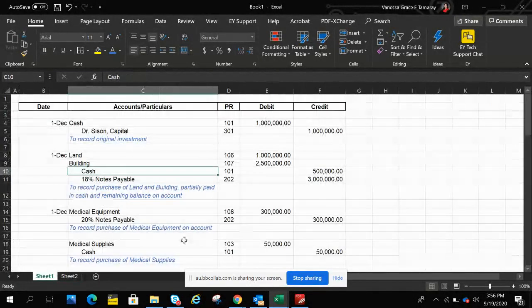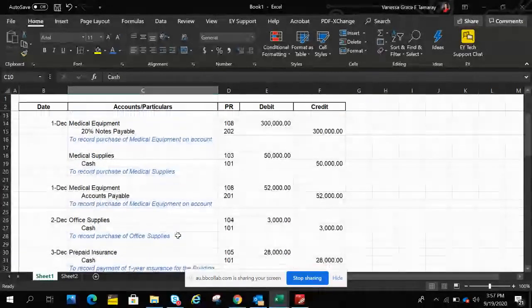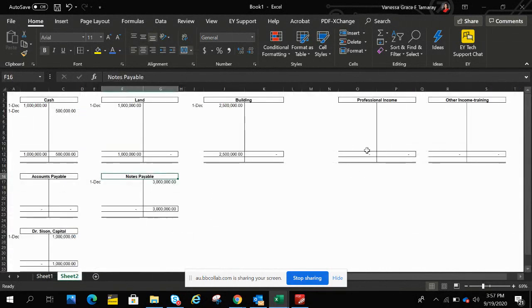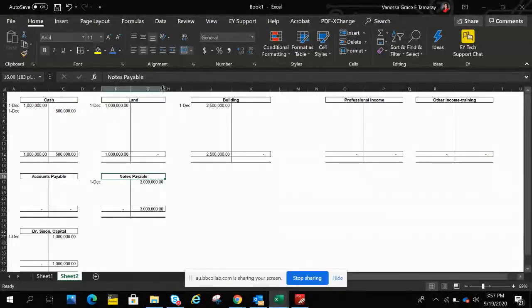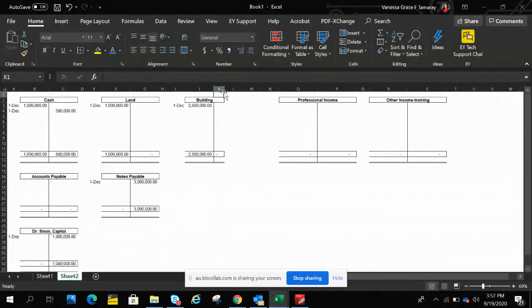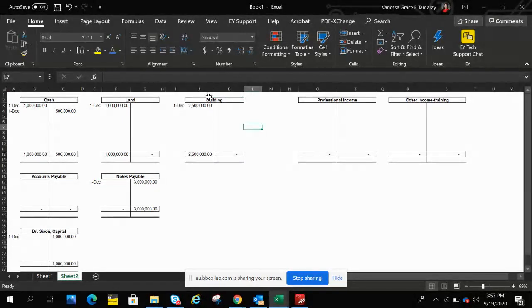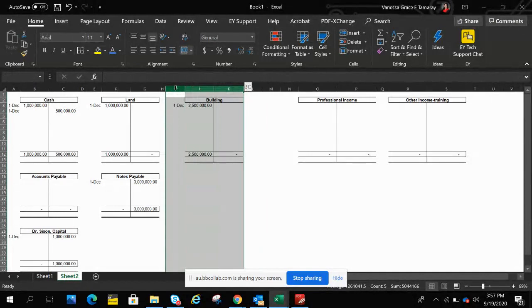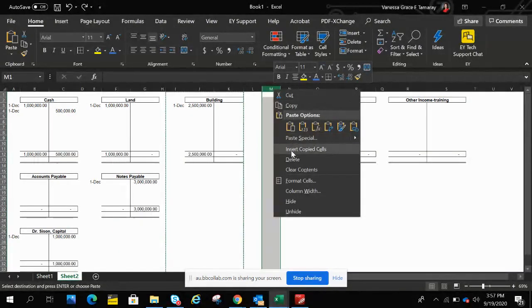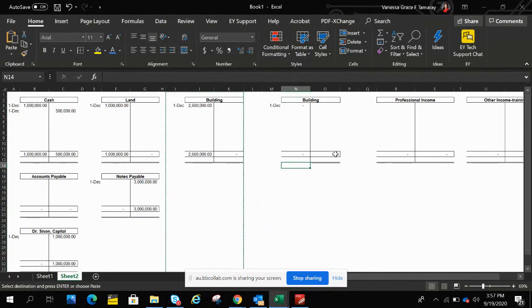Next, medical equipment. Nag-purchase na tayo ng medical equipment, 300,000 pesos. And credit, notes payable. So, lagay natin medical equipment. Capitals.